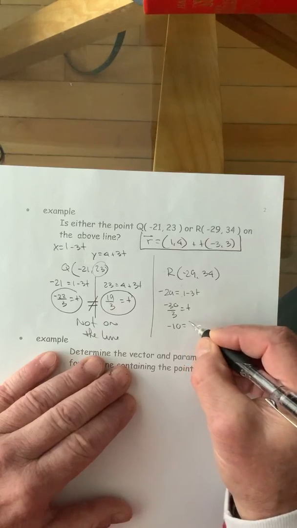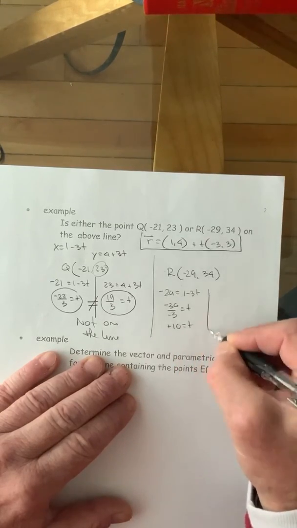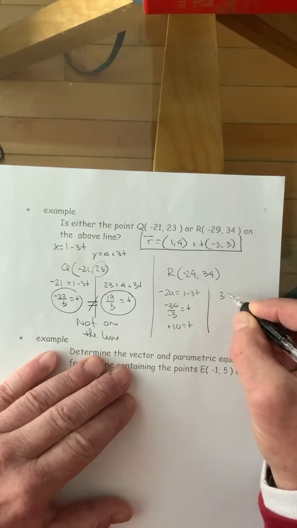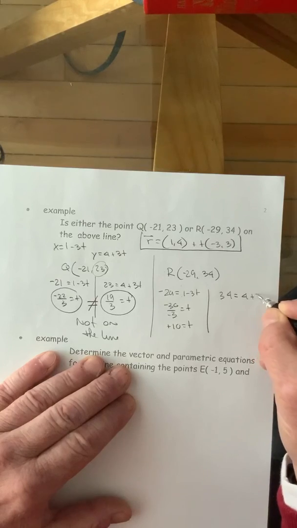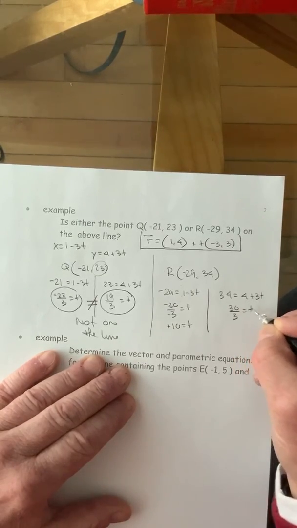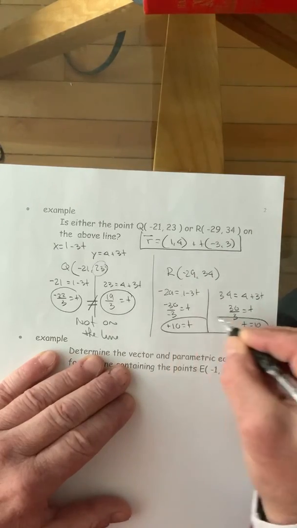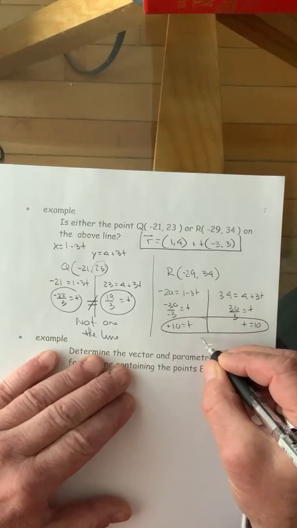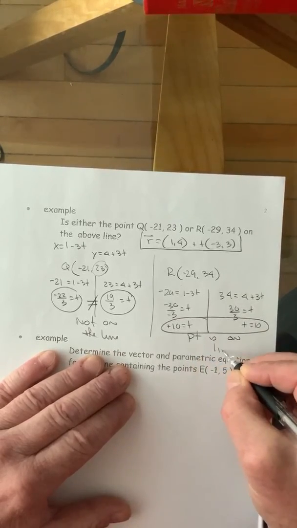Negative 10 equals t, divided by positive 10. 34 equals 4 plus 3t. 30 divided by 3 equals t. t equals 10. Both t's are the same. Point is on line.